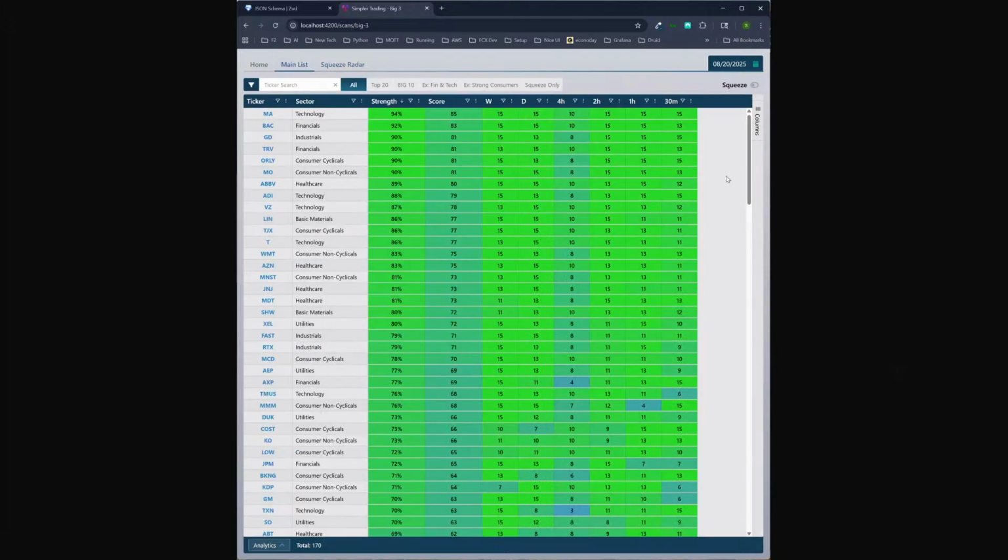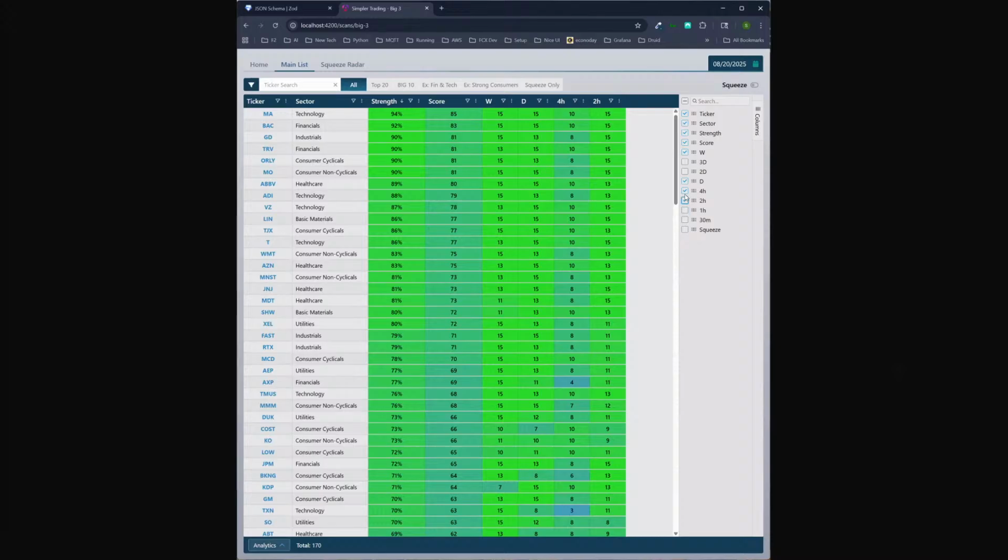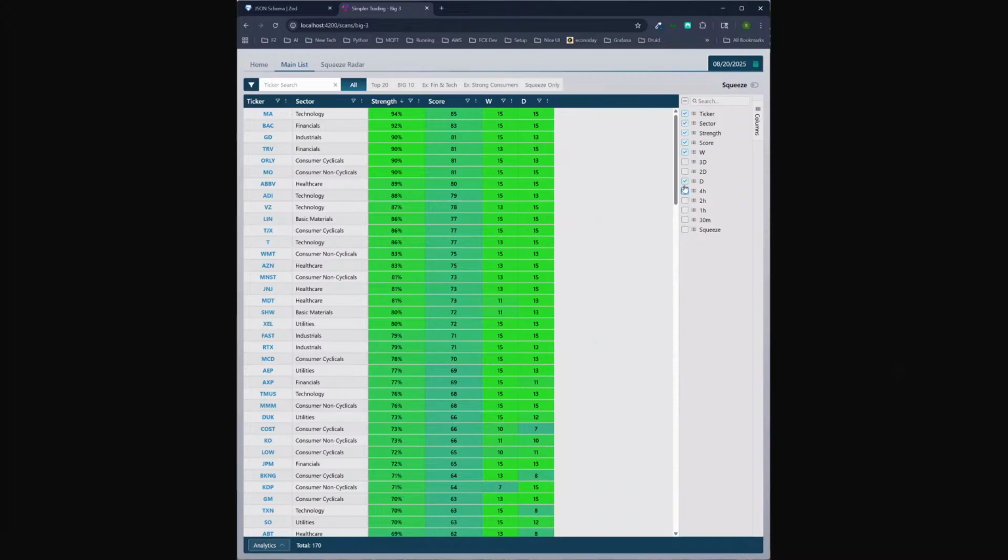So something we're playing with is adding squeeze information to the main list as well, right? You can also have the list of columns here, and you can actually toggle columns on and off. So if you're a trader that, I don't know, only cares about the weekly and the 30-minute, well, just enable those, right? And just leave it like that.